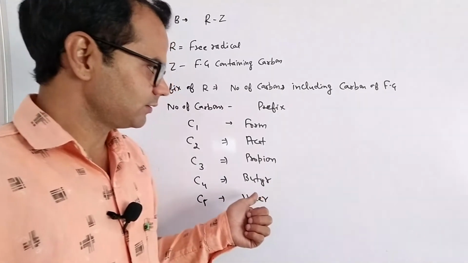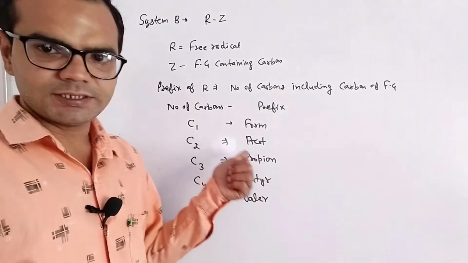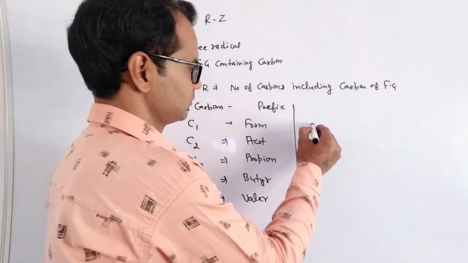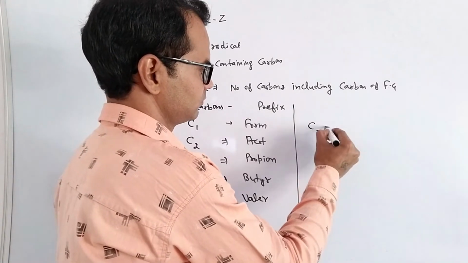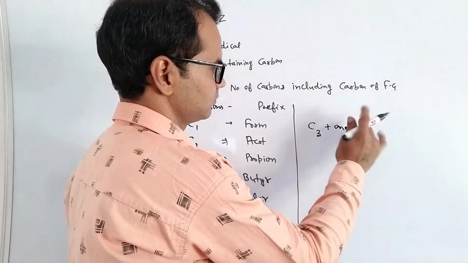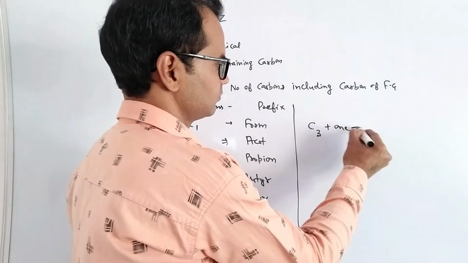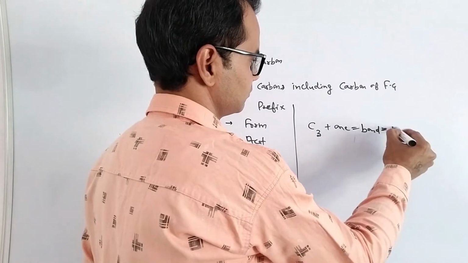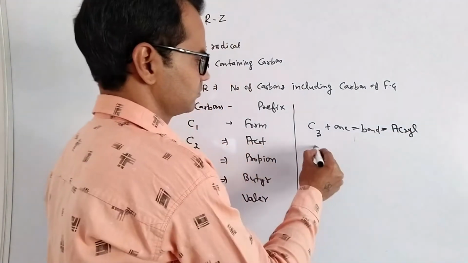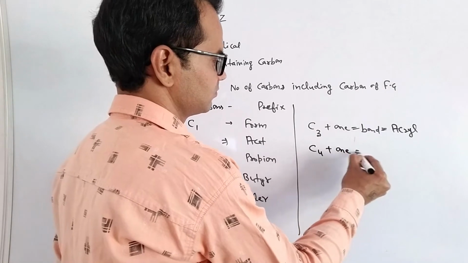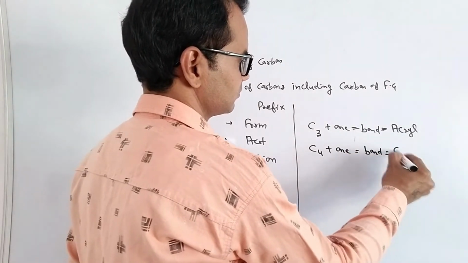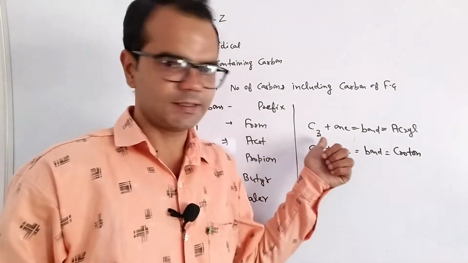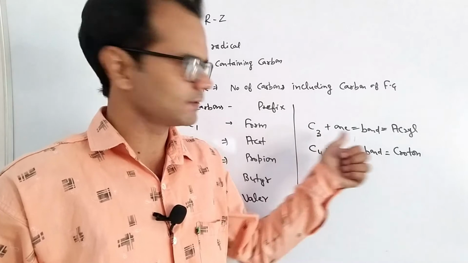valer, right? But if we have an unsaturated radical also, if we have three carbons and one double bond, then the prefix is acryl.